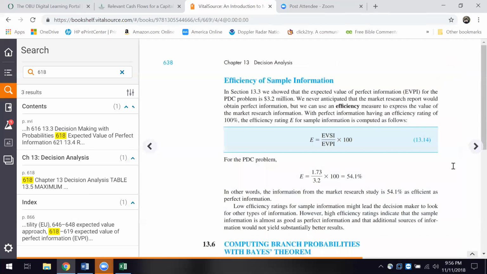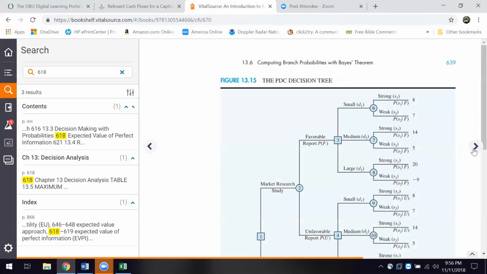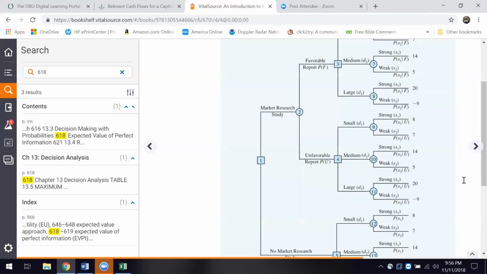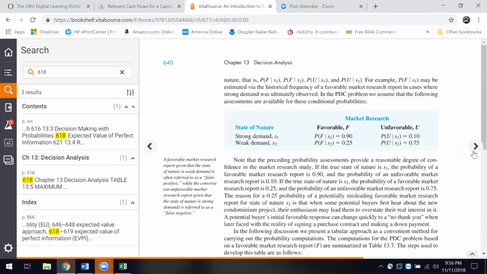Now, Bayes always rears his ugly head. And so we see a Bayesian analysis. And here's our market research again on those conditional probabilities.